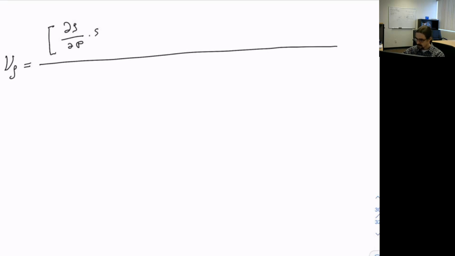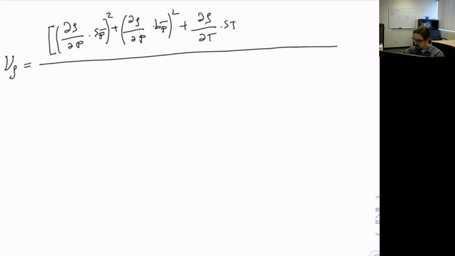V rho, which is degrees of freedom, I'm going to make a big divider here, is going to be this: (d rho/dp times sp bar, plus d rho/dp times bp bar, both terms squared, plus d rho/dt times st bar squared plus d rho/dt times bt bar squared), and all of them also squared.